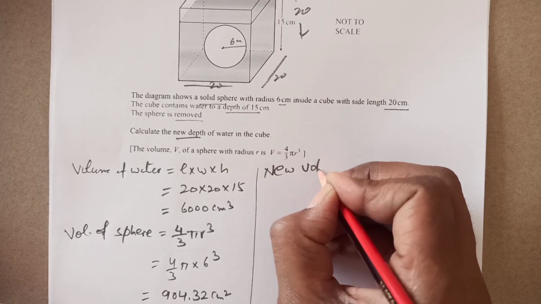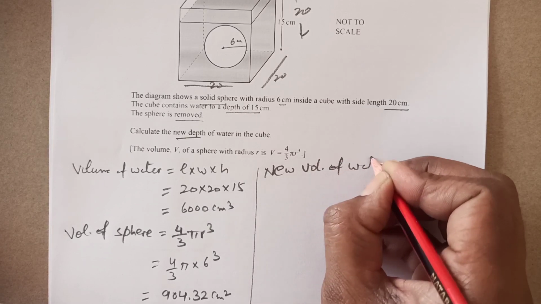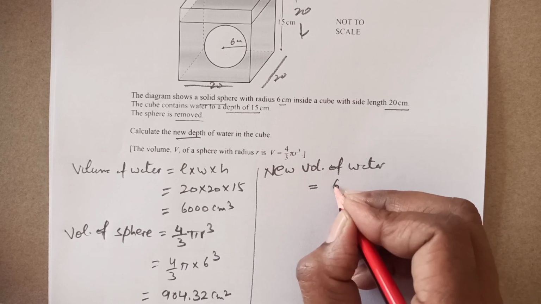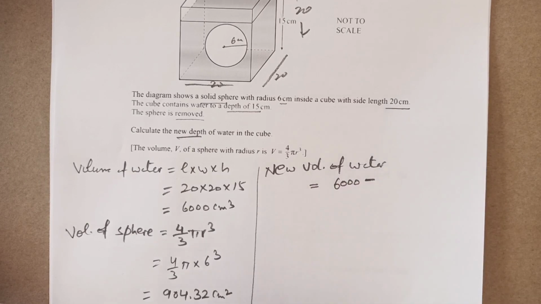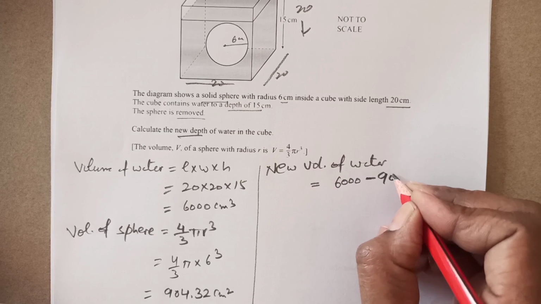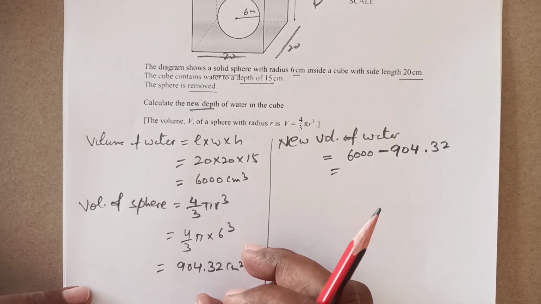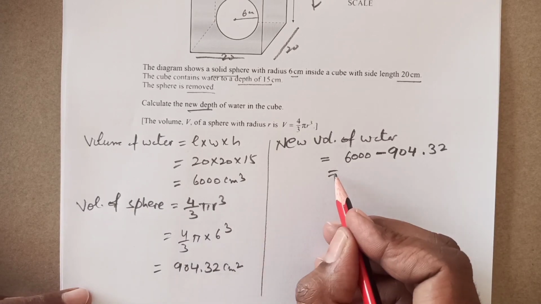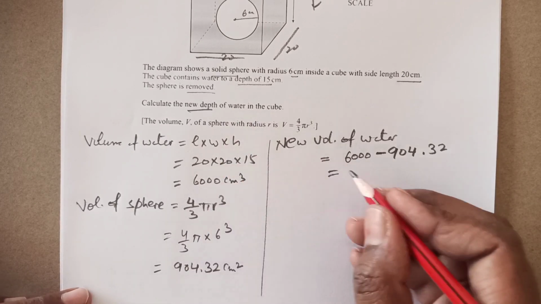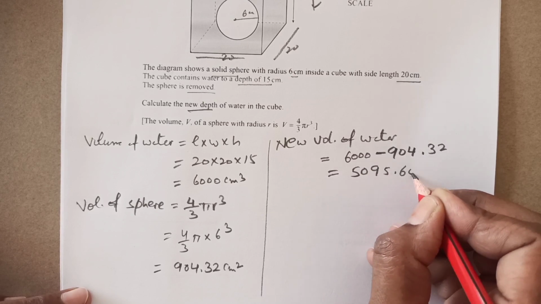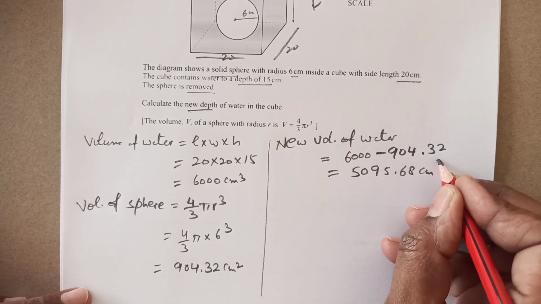So now the new volume of water is going to be 6000, which was the previous one, minus this 904.32, which was the volume of the sphere. Once you remove the volume of the sphere, that will give you the actual volume of the water. This is 5095.68 centimeter cubed.